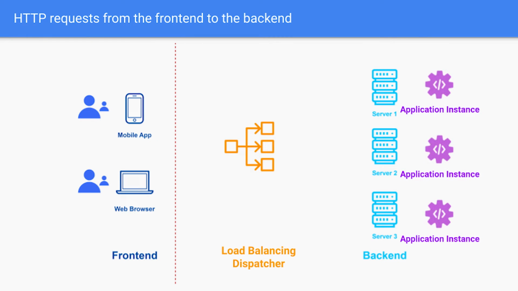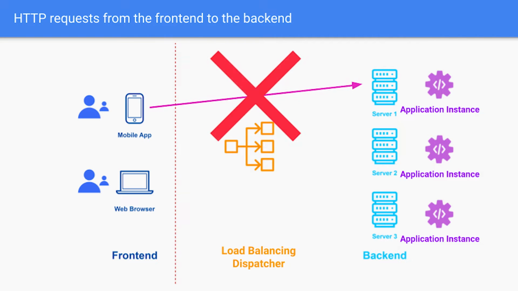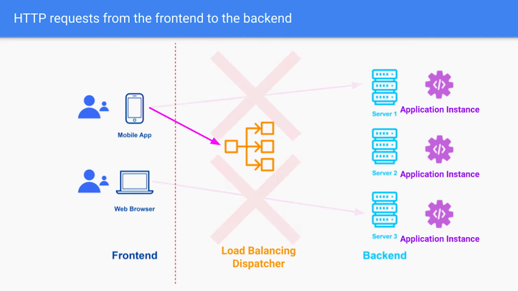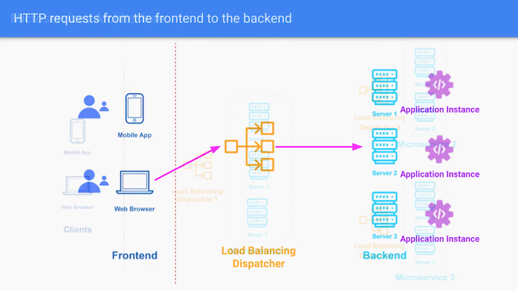Those application instances typically run as identical copies of the same application on separate physical or virtual machines. This way, instead of the clients sending requests from the front end directly to our backend servers, the requests all go to the load balancing dispatcher. And this dispatcher routes each request to one of the application instances.